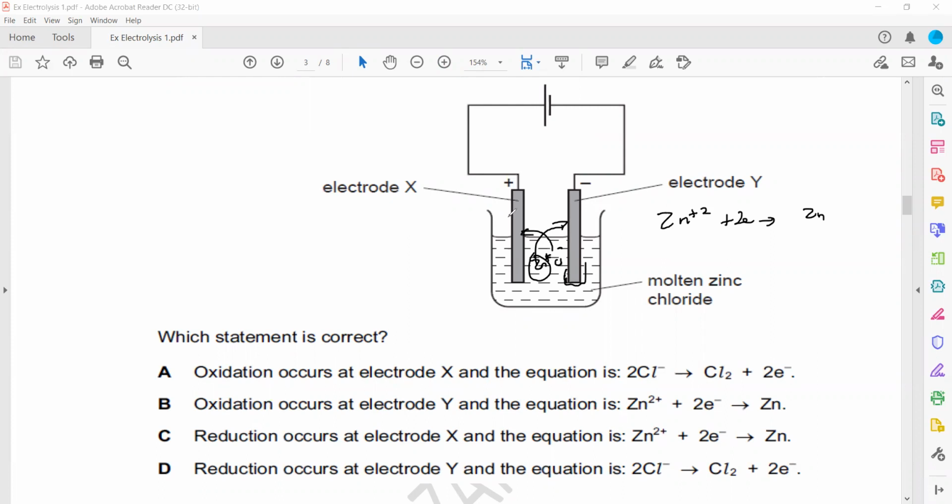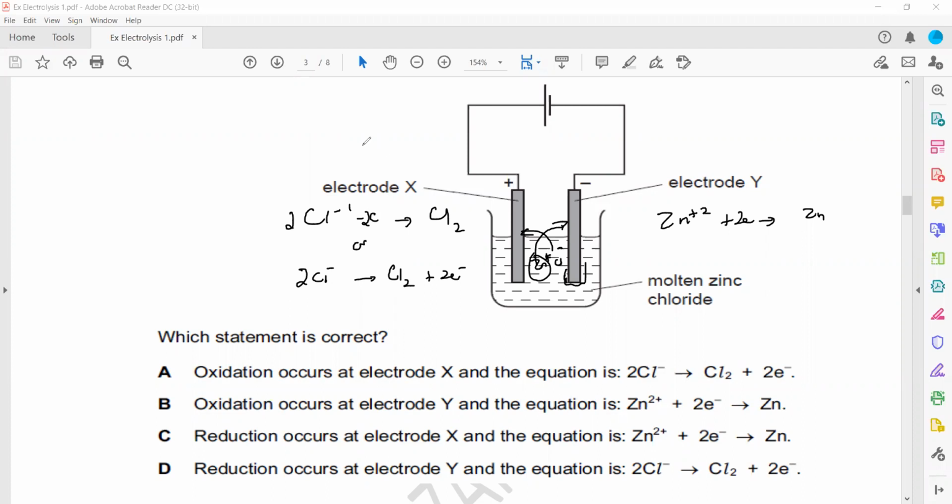And chloride ion is attracted towards electrode X. So chloride ion will lose one electron and turn into a chlorine atom. When two chloride ions are there, they will lose two electrons and form a chlorine molecule. So we can also write this equation: two chloride ions turn into a chlorine molecule by loss of two electrons.